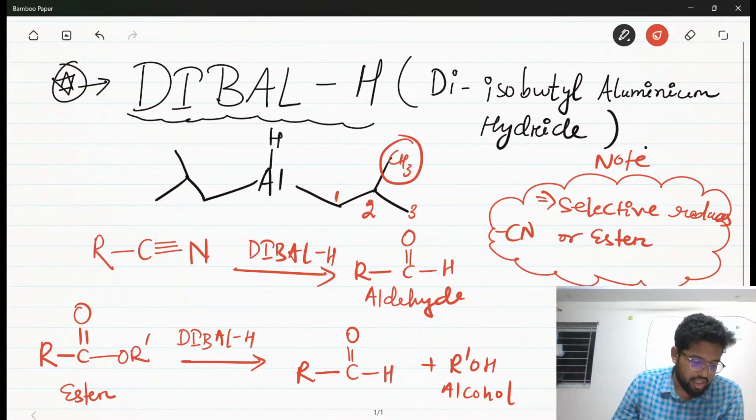Selectively reduces cyanide or ester in the presence of a C=C double bond or C≡C triple bond.